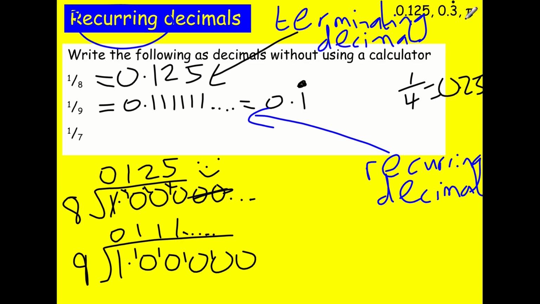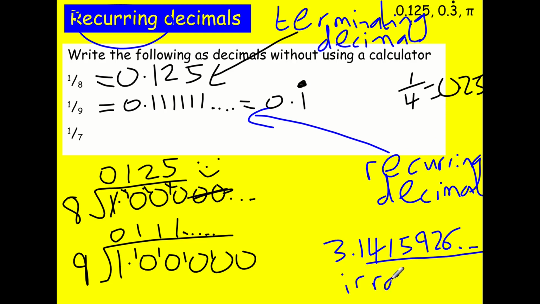So something like pi is 3.1415926 and so on. This actually also goes on forever, but it doesn't recur, it doesn't repeat. And I suppose this just comes under the irrational number definition.